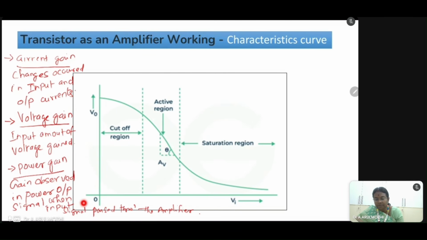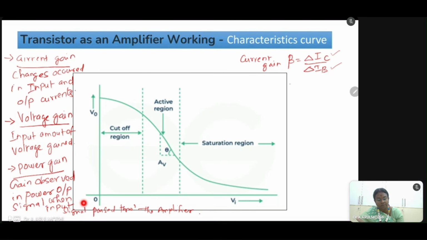So we will write the formulas one by one, the most related only. First one is our current gain. Current gain is usually denoted by the letter beta, which is equivalent to del IC to del IB. That means the small change in the collector current to the small change in the base current.